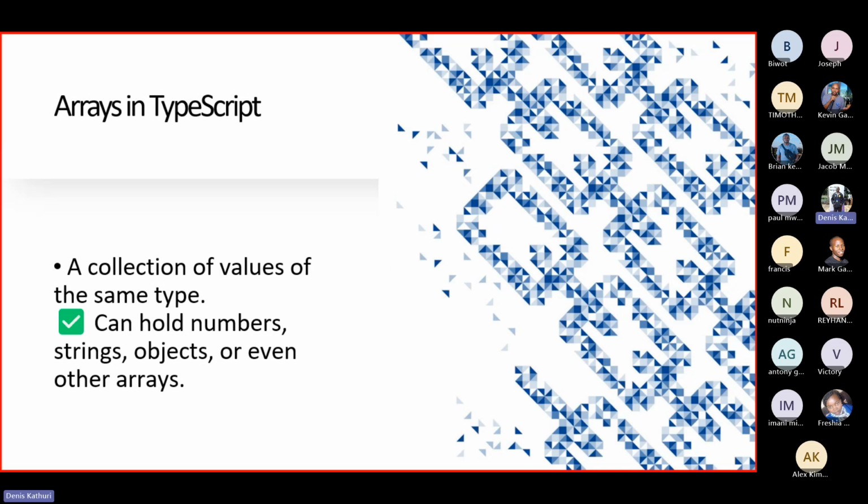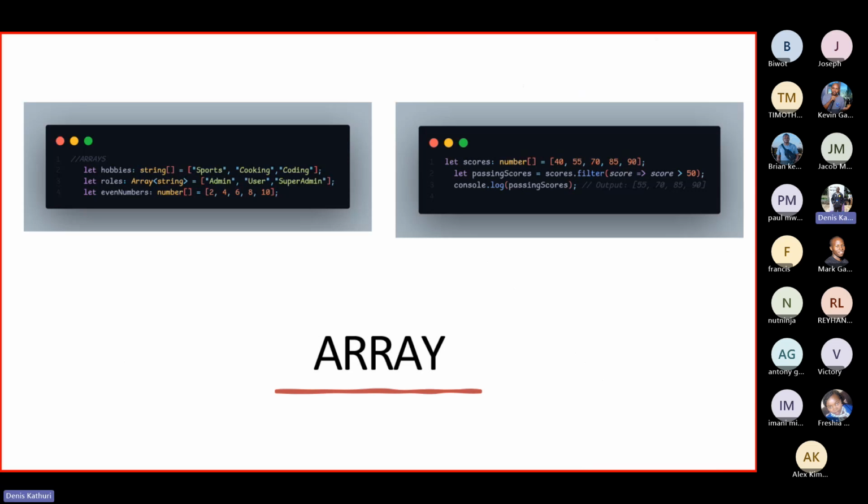Arrays, as I said, are collections of values of the same data type, and can hold any data type like numbers, strings, objects, or even other arrays. This is an example of how you declare arrays in TypeScript.